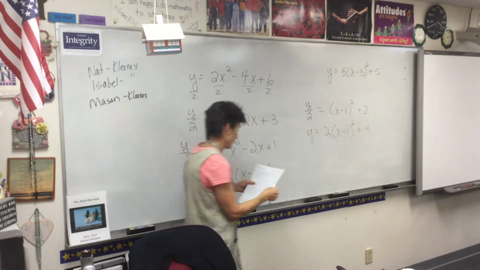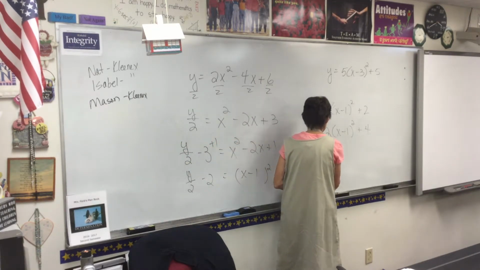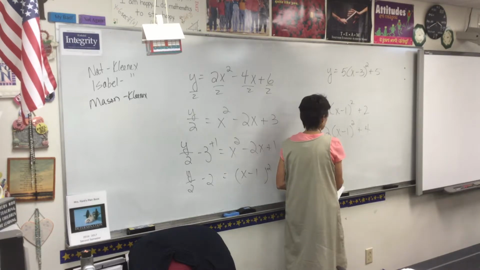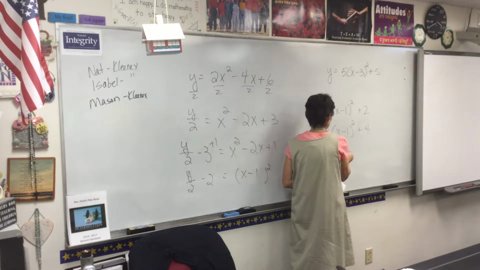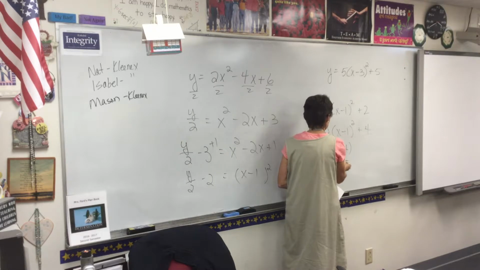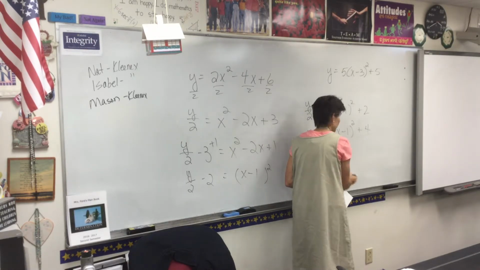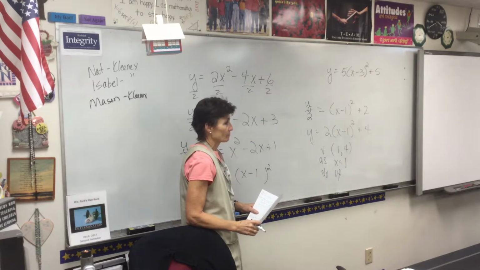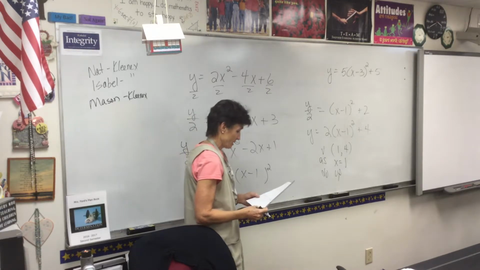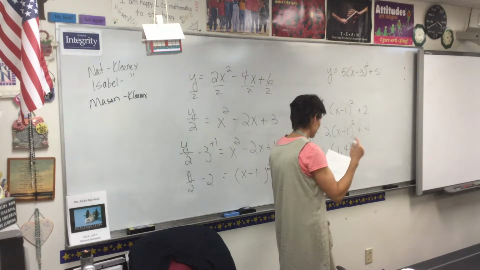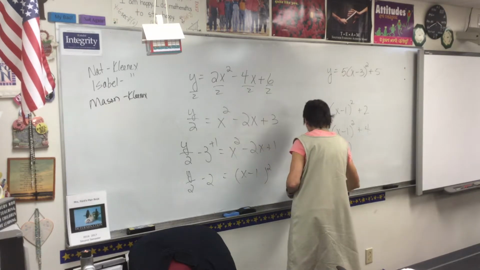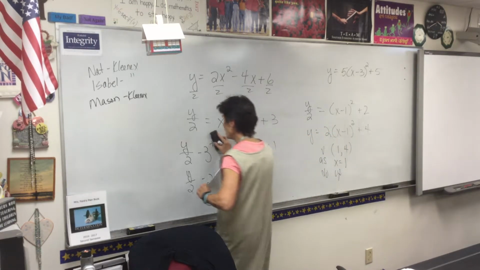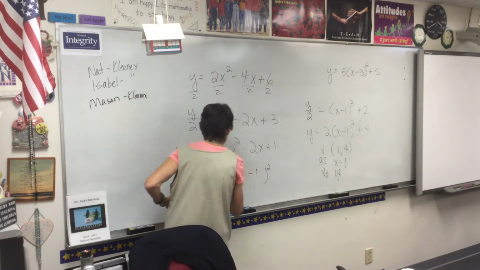Okay, so let's get through our stuff. Where's our vertex, axis of symmetry, direction of opening? Vertex is 1, 4. Axis of symmetry, x equals 1, and direction of opening, up. Now 2 is really the same question, find vertex, axis of symmetry, and direction of opening, but we're doing it a different way.